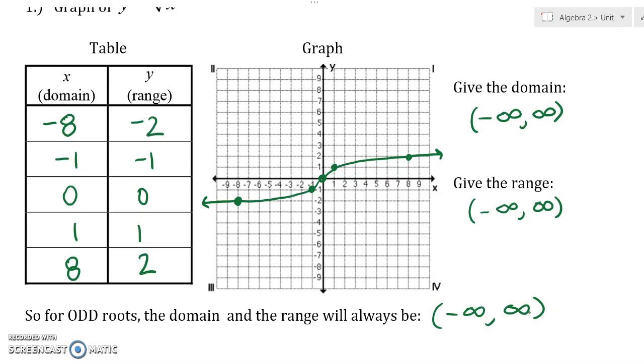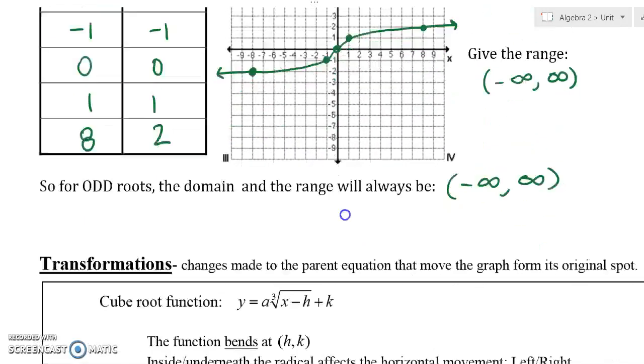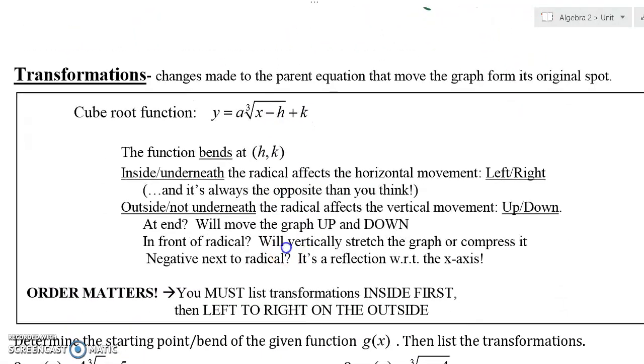All right. We're going to be graphing these with some transformations, so let's review transformations one more time. A cube root function with all of its transformations will look like this. The function bends at h comma k, so it's not a starting point but more of a bend, as you saw.